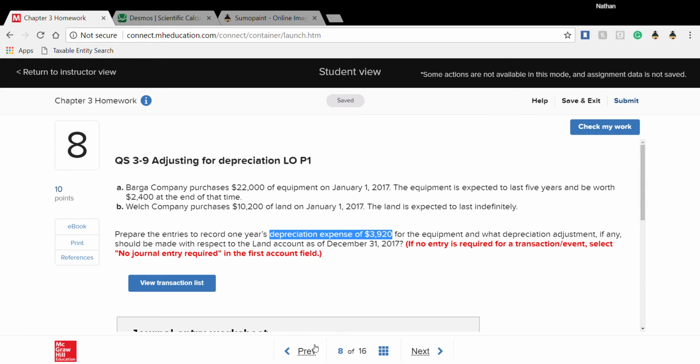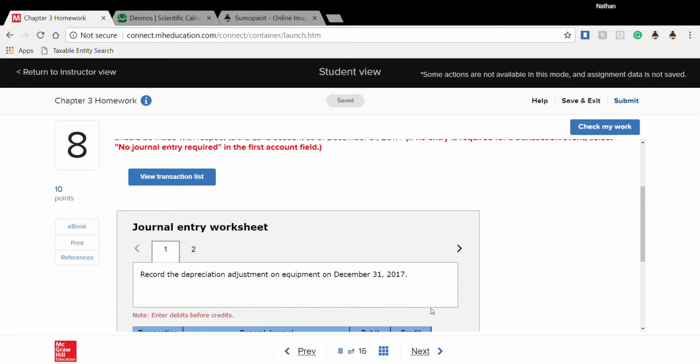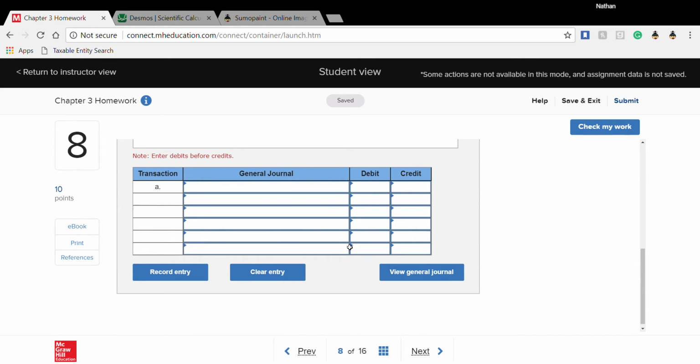So with that being said, we're going to do the depreciation first for the equipment. And notice again here in red, if no entry is required for a transaction event, select no journal entry required. Okay? So record the first one. Again, the journal entry for depreciation is always going to be the same.